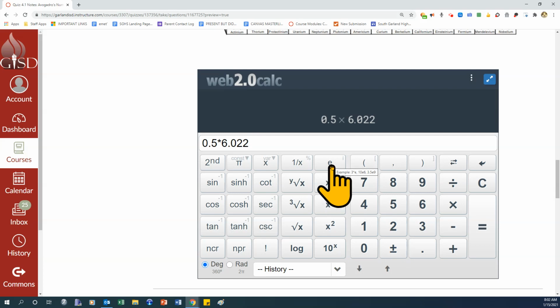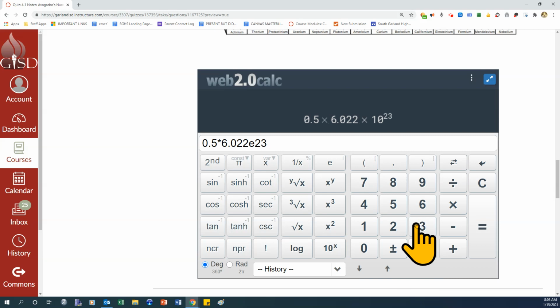This E. Did I click something else again? I can't see this part. All right, 0.5 times 6.022. And this is the E, right? E, 23. Oh, okay. That's correct now.